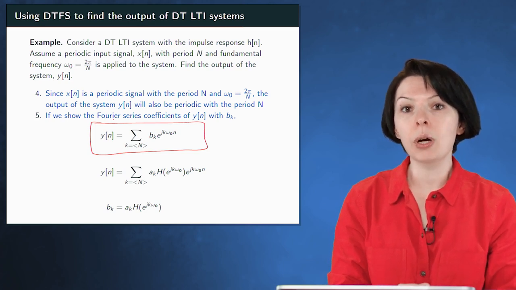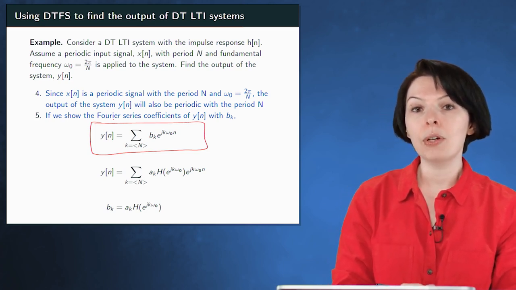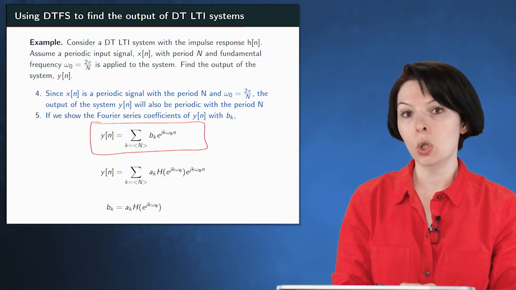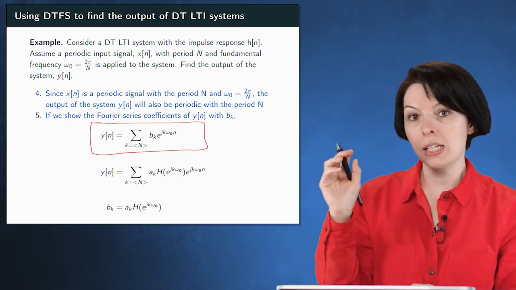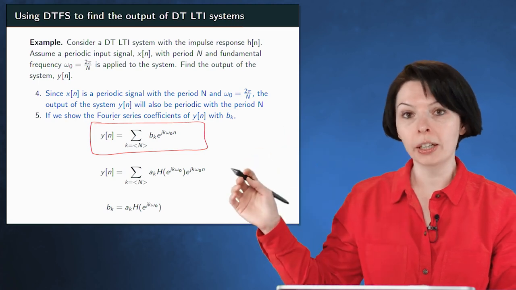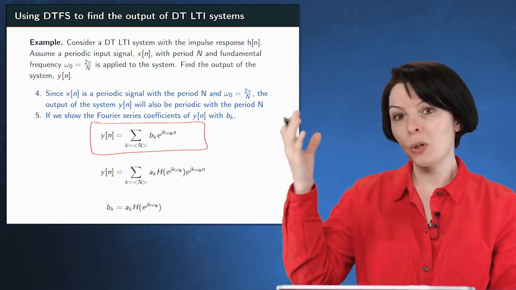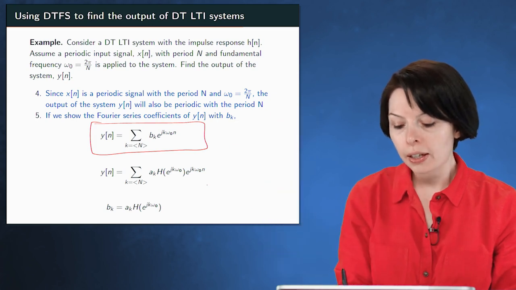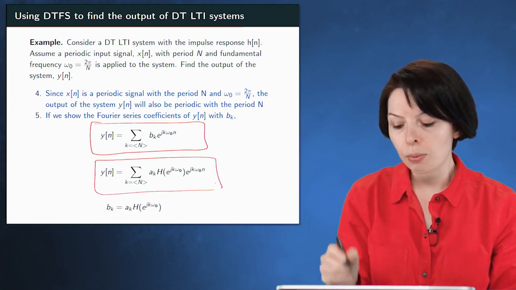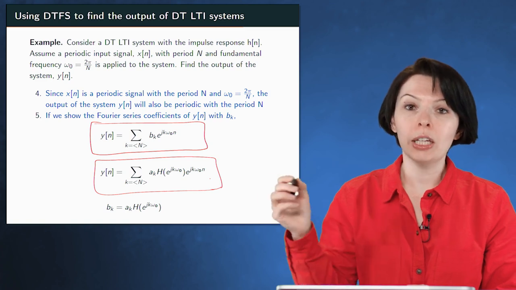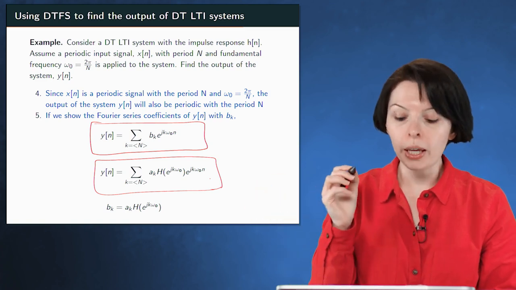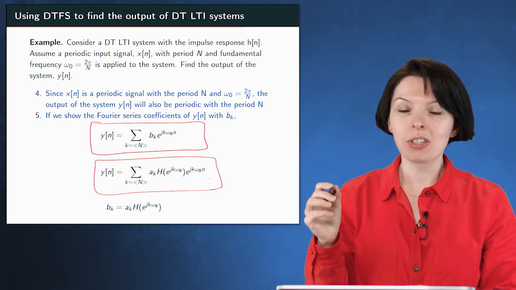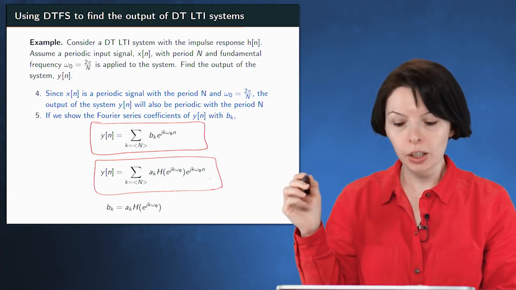Because my x of n can be written using the synthesis equation as a summation of these specific complex exponentials, e to the jk omega naught n, the output of the system is going to be a scaled version of these complex exponentials. Then I can write y of n as the summation of a_k e to the jk omega naught n multiplied by H of e to the jk omega naught, which is the response of the system at k times omega naught points.